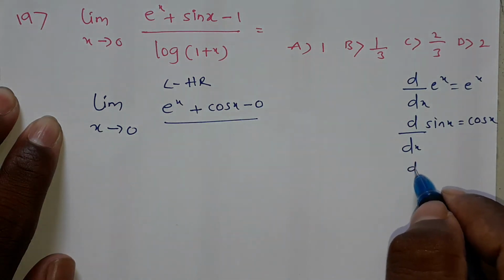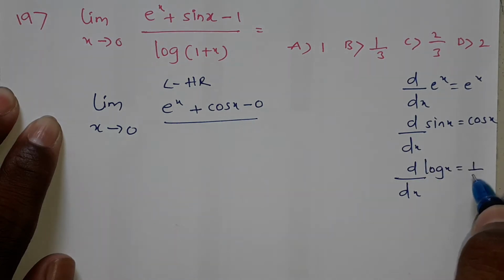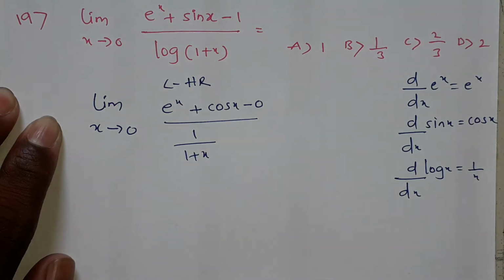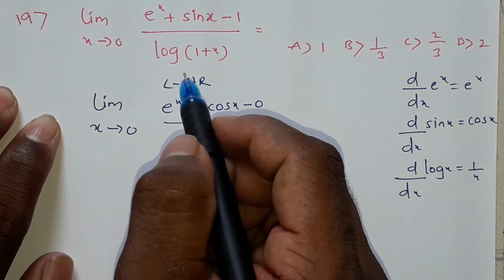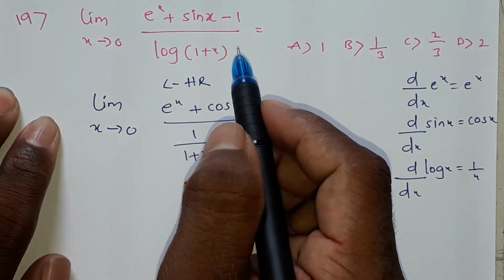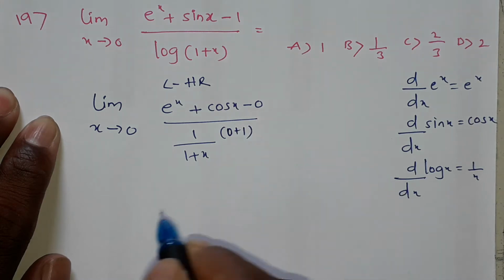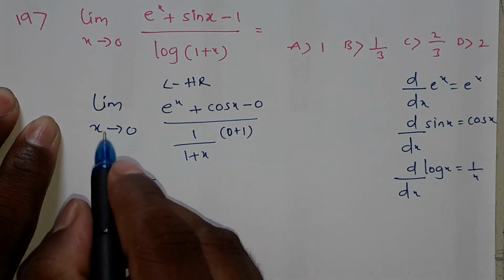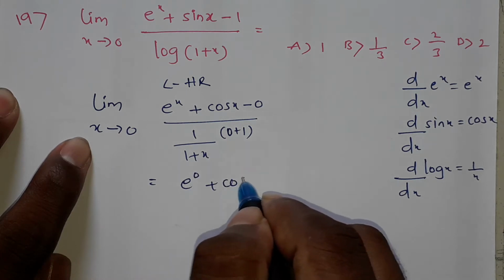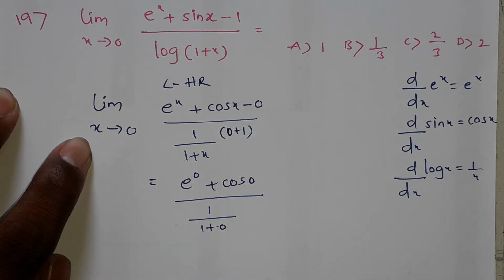Next, the derivative of log x is 1 by x, so we write 1 by 1 plus x. Again, the derivative of 1 plus x is 0 plus 1, by the chain rule. So we apply the limit: in place of x we substitute 0, e^0 plus cos 0 by 1 by 1 plus 0.